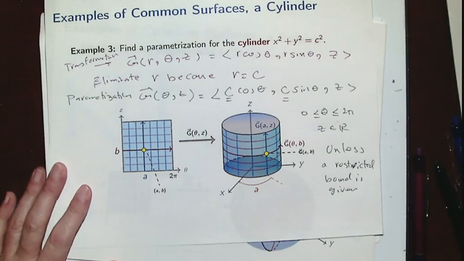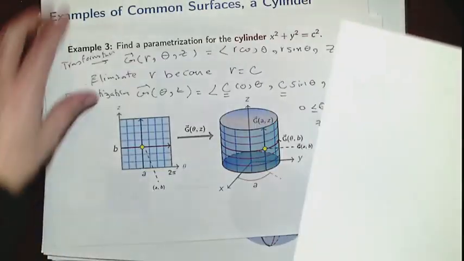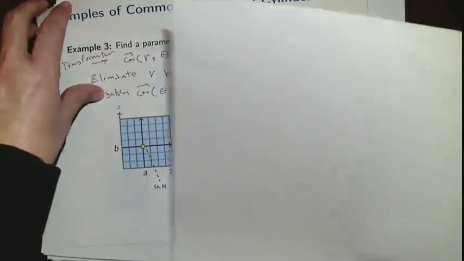Okay, a quick question. Do you see this little rectangle? I can transform it into this shape, as a cylinder.